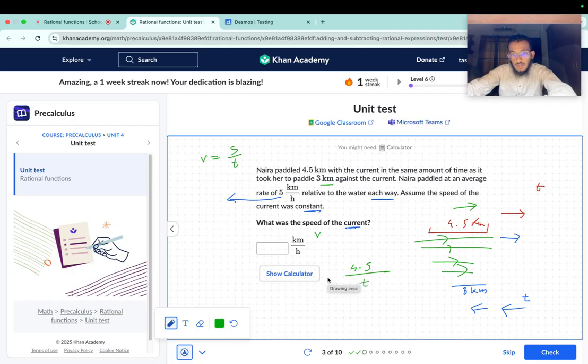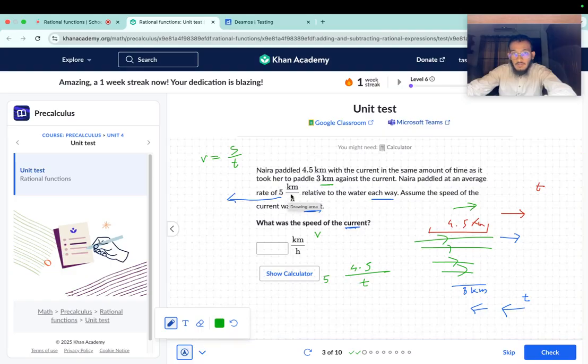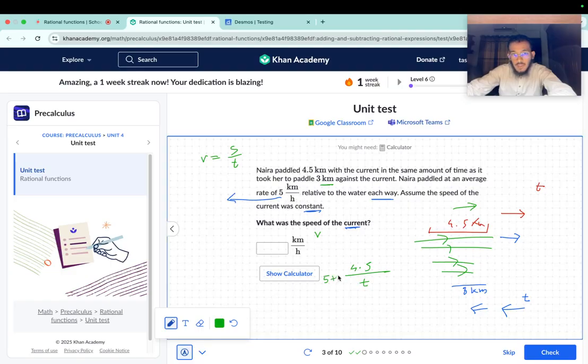As for the speed, it is Naira's 5 kilometers relative to the water plus v, which is the current, because they are in the same direction. From here, we can find an equation: (5 plus v)t equals 4.5.